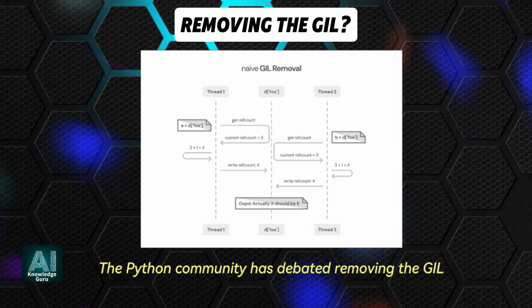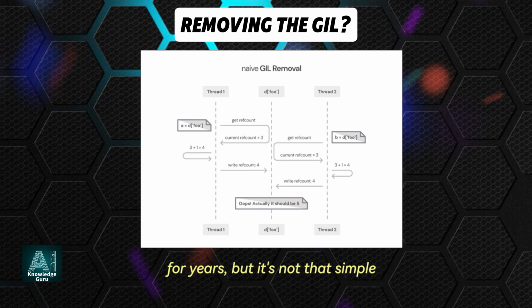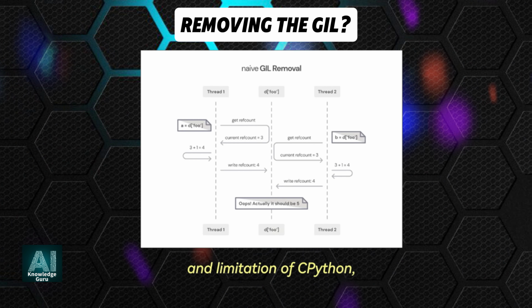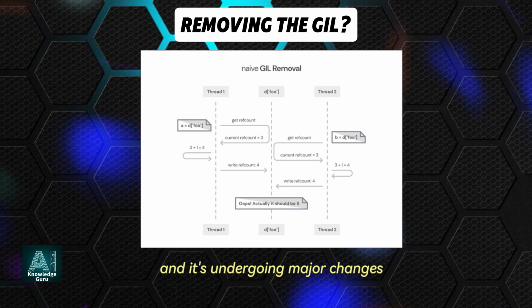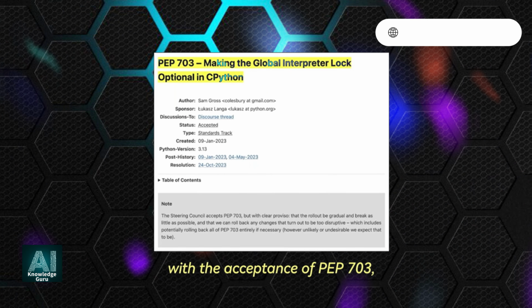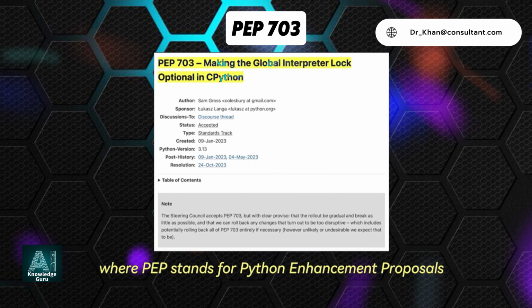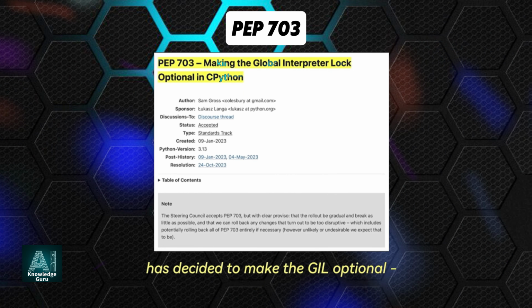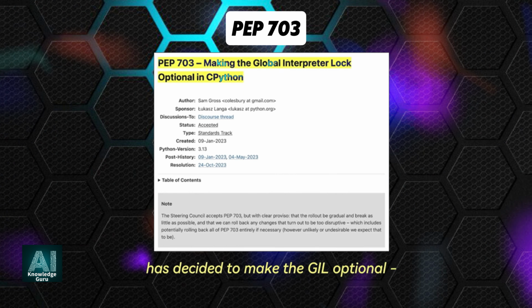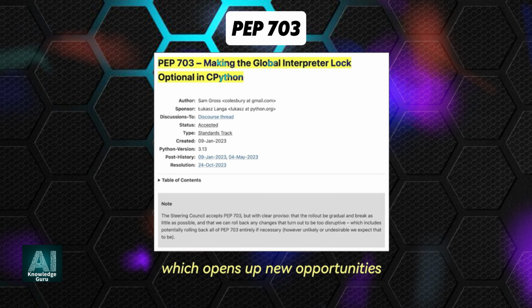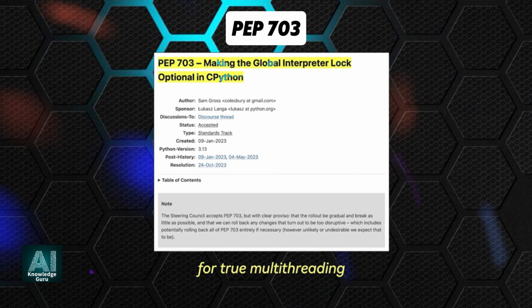The Python community has debated removing the GIL for years, but it's not that simple. The GIL is a well-known feature and limitation of CPython, and it's undergoing major changes. With the acceptance of PEP 703, where PEP stands for Python Enhancement Proposals, the Python Steering Council has decided to make the GIL optional. This initiative represents a significant evolution in Python's design, which opens up new opportunities for true multi-threading.